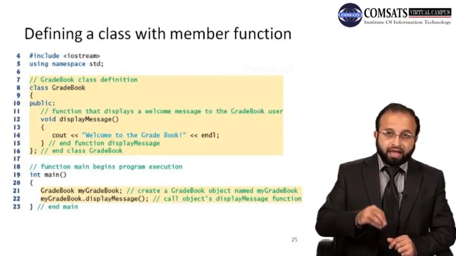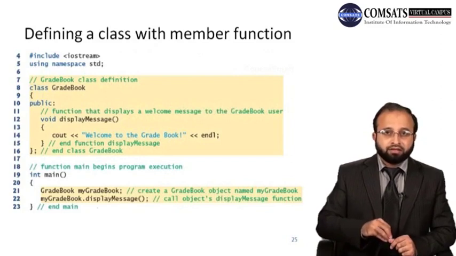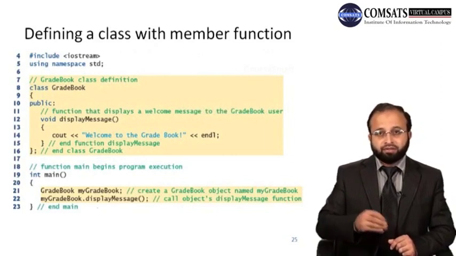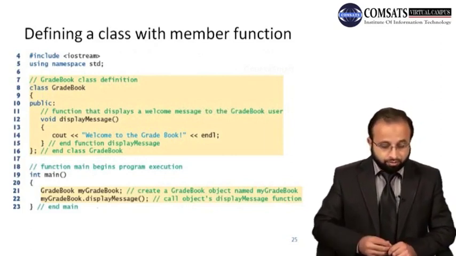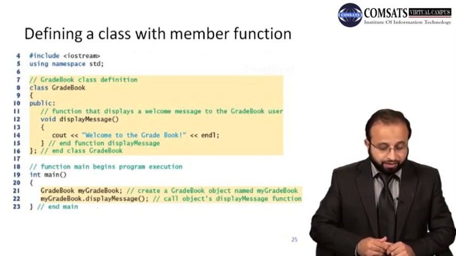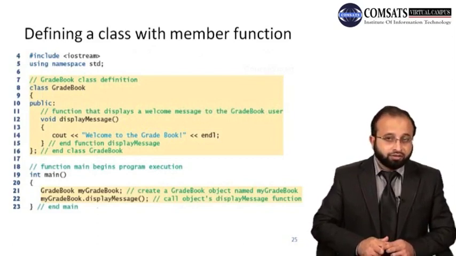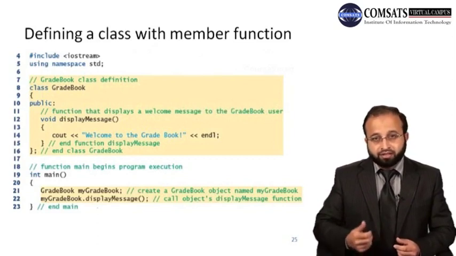So in order to execute the public member function of a class, you have to specify the object of that class. These functions are executed basically with the object, right? Without the object, it doesn't make sense, because display message function is executed with which object?